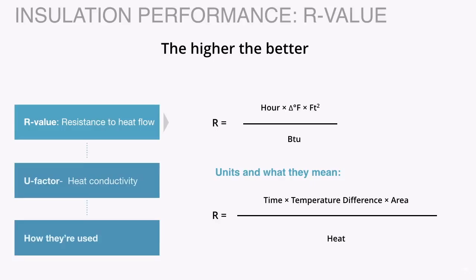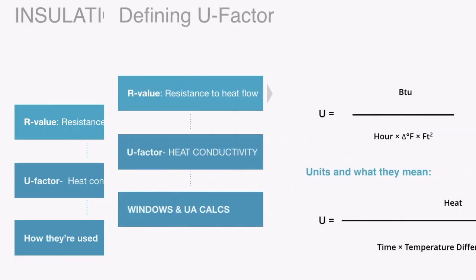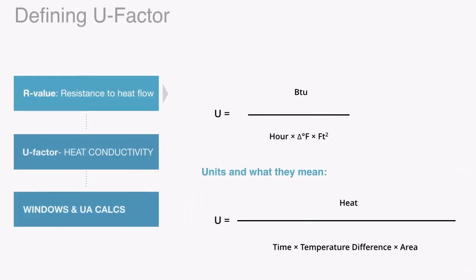We could break down what the units mean, but in terms of R value, it's a little hard to get into. When we look at the U factor, it's a little bit easier to understand. The U factor is the inverse of the R value. It describes the property of a material to conduct heat.